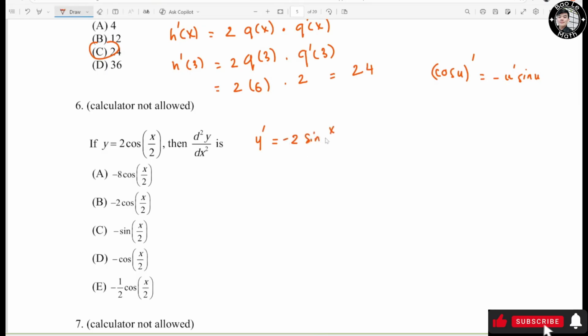Sine of s over 2 times derivative of s over 2, which means 1/2, right? So we need to simplify this one. It's going to be negative sine s over 2, right? Now the second derivative is going to be negative cosine s over 2 times derivative of this one is going to be 1/2, right? So it will be negative 1/2 cosine s over 2. The answer must be E.